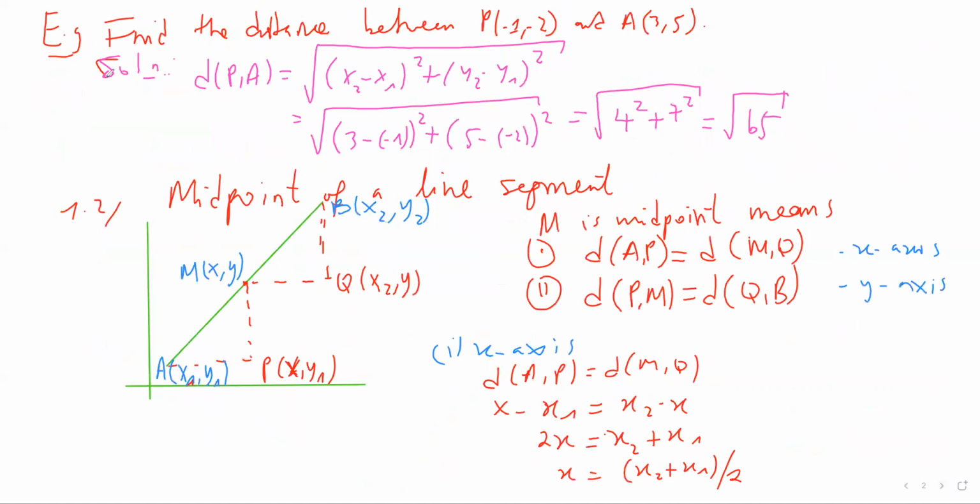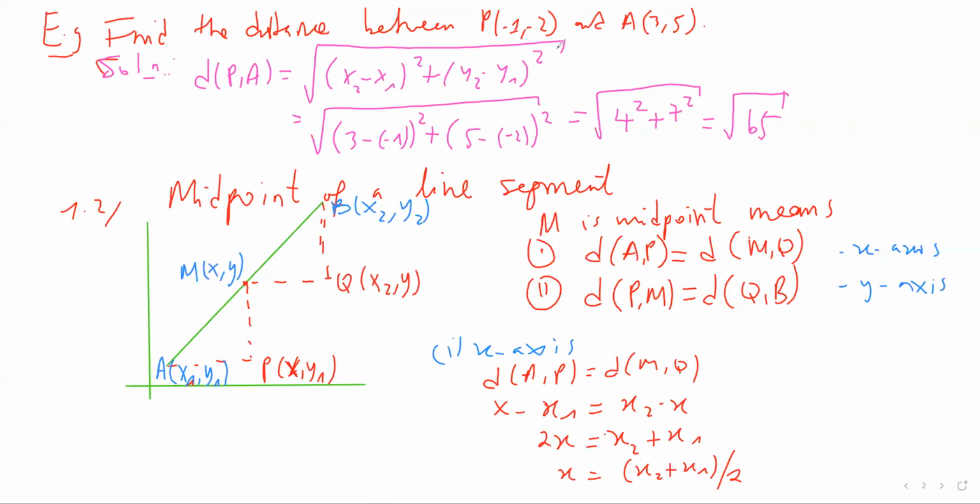So, for example, if you have 2 points, P, which is (-1, -2), and A, which is (3, 5), then you calculate the distance between these 2 points using the formula we just described.